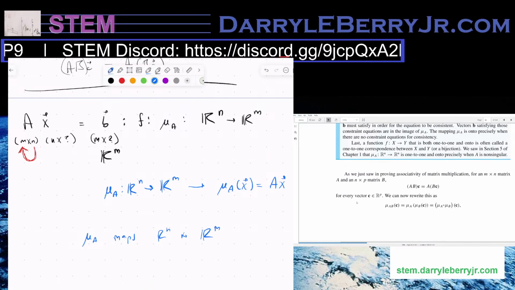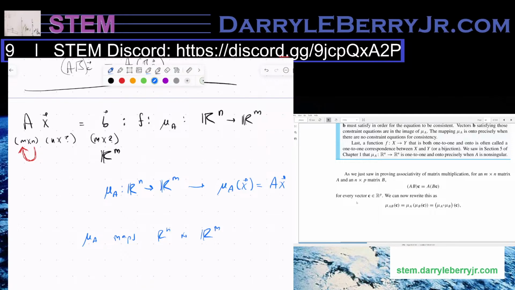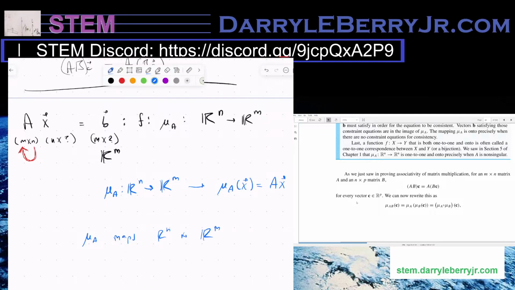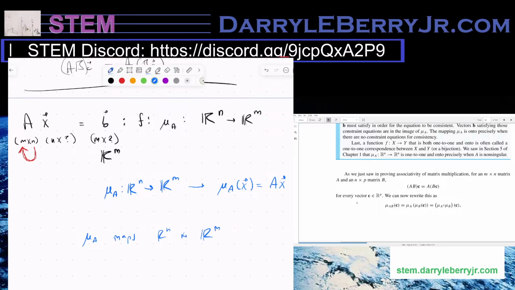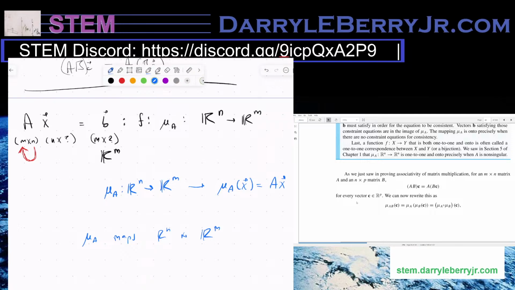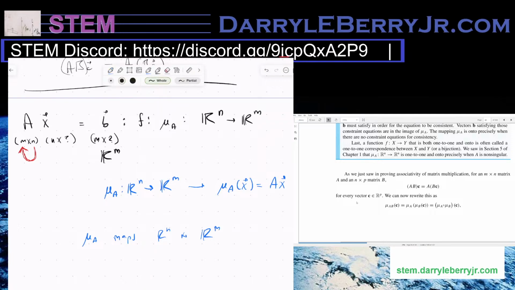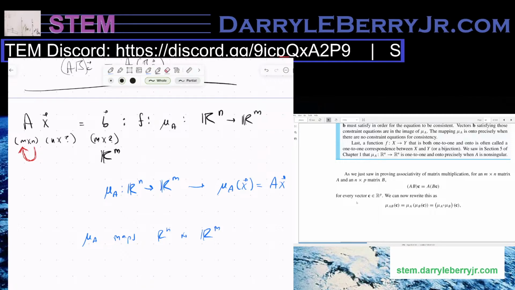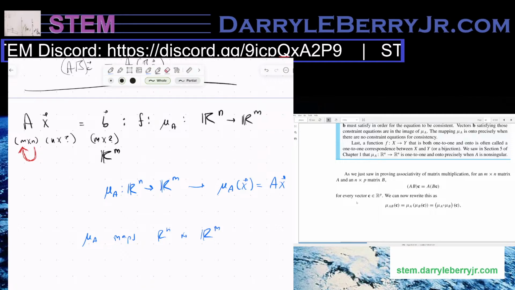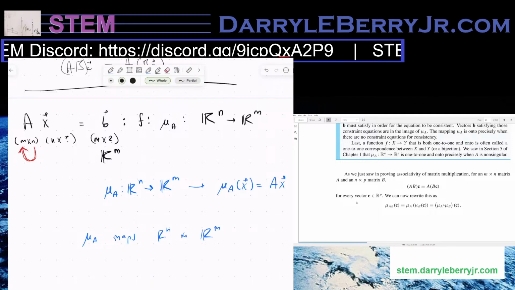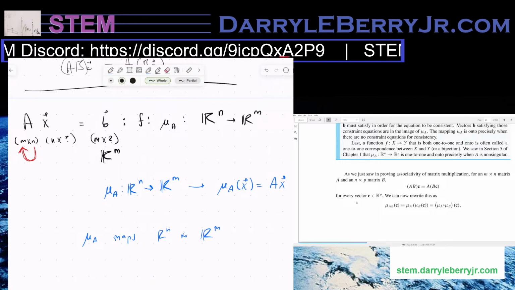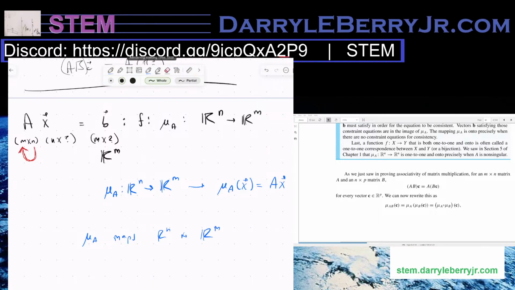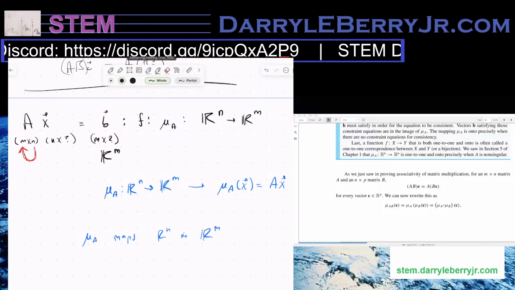As we just saw in proving the associativity of matrix multiplication, for an m by n matrix A and an n by p matrix B, (AB)C equals A(BC) for every vector C. We can now rewrite this as mu AB of C equals mu A of mu B of C. All right, so let's write this.